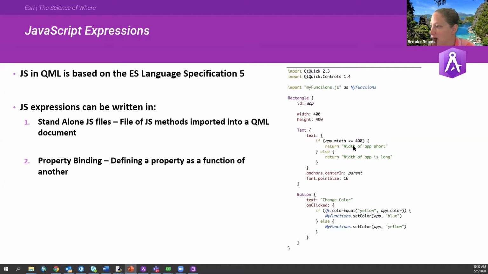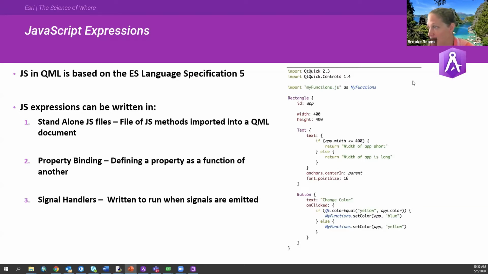So if the app's width is less than or equal to 400, then the text that's written out to the screen will say the width of the app is short. And if it's greater than 400 pixels, then it'll say width of the app is long. So using property binding, we can insert JavaScript code into our QML documents.